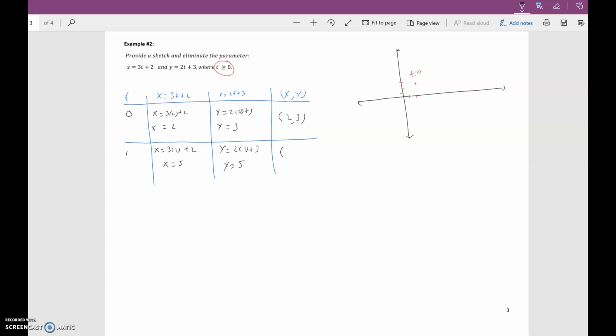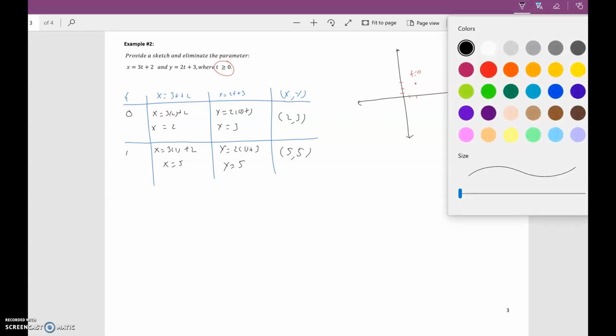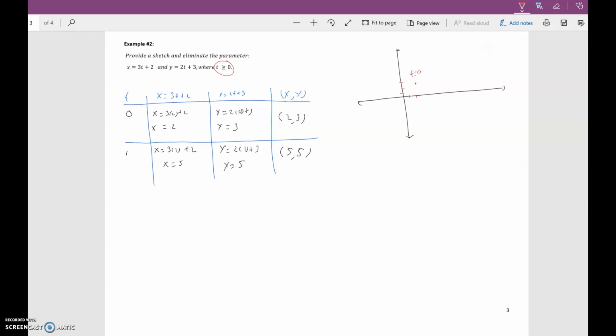So you're going to get 5, 5. In this case, this is 2, 3, 4, 5, not to scale, but it's there.